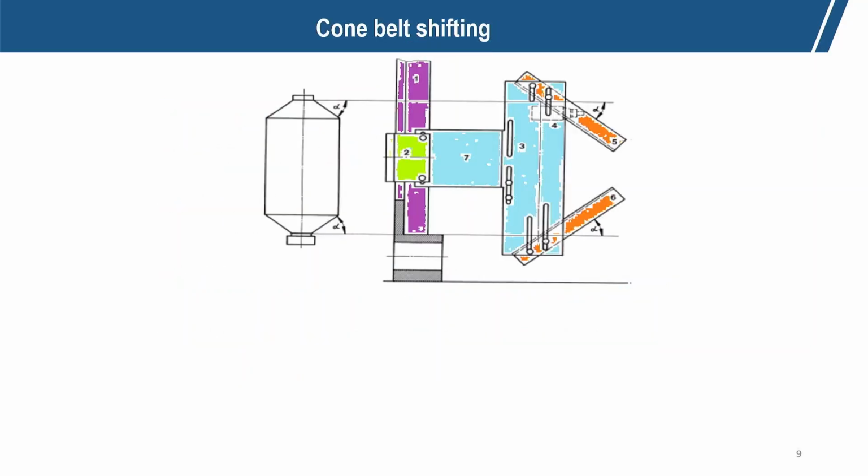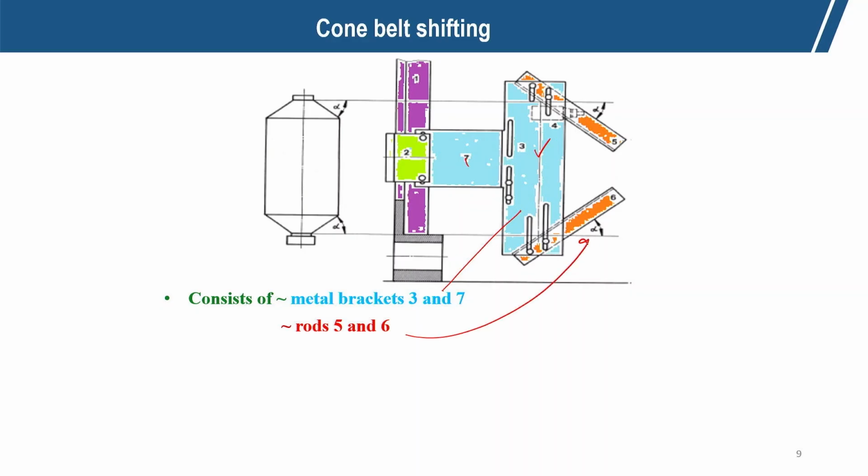You can see here one simple arrangement. There is a bracket consisting of metal brackets 3 and 7, shown in blue color, and rods 5 and 6. The angle of these rods is reflected in the taper angle.